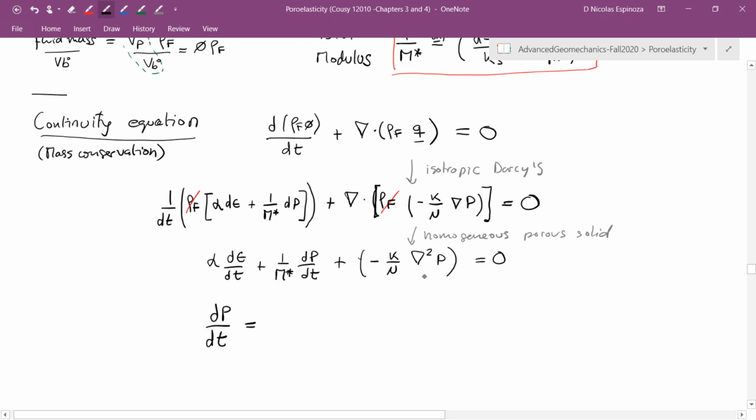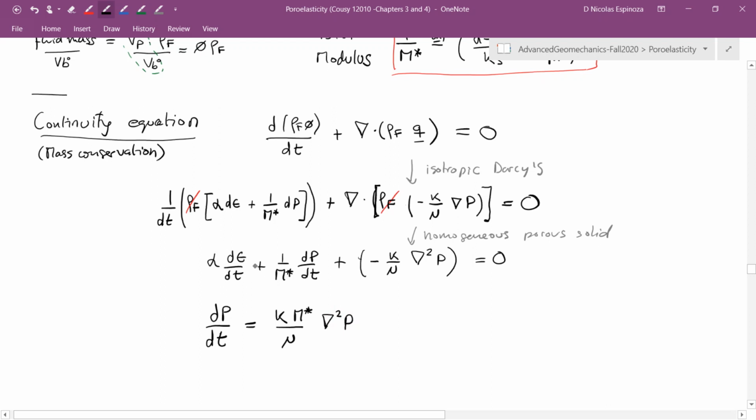And when I do this, I'm going to put this one on the other side, so this is going to be k over mu, and I'm also going to multiply times the Biot modulus, so I just have this dp/dt by itself on the left, and this is going to multiply the Laplacian of the pressure.